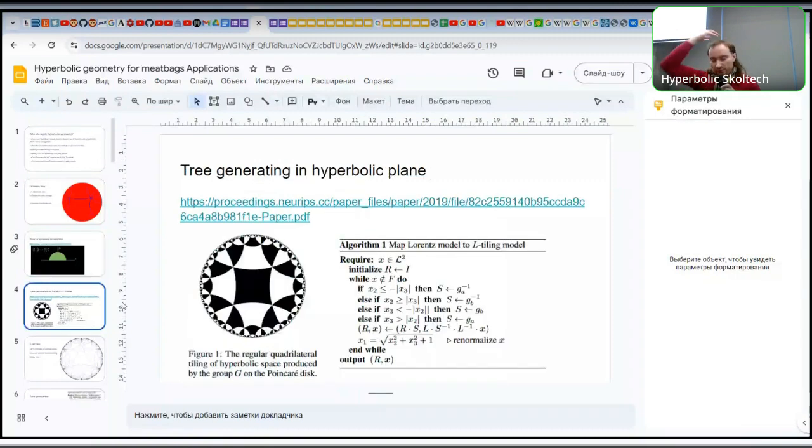So let's continue with embedding trees. Naturally, we want to embed graphs in some spaces. Why? Your graph can be huge, and you might need to check the adjacency of two vertices by checking the distance between embedded vertices.